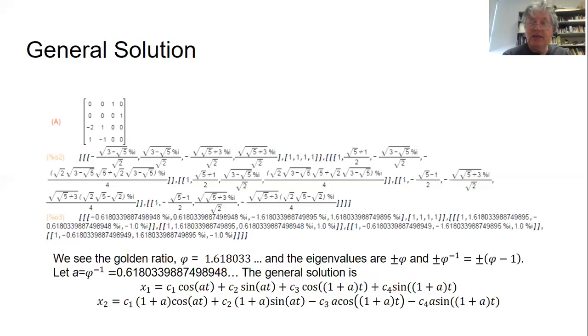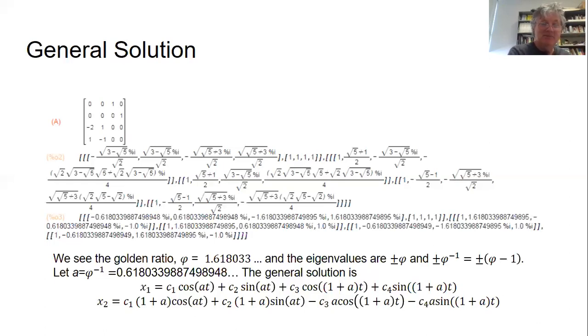And then we see the eigenvectors there, again with the initial place being 1. That's the standard thing that Maxima does. If you look at the textbook, it gives it in a more general form, and it doesn't recognize it's the golden ratio in place because they didn't actually look at the decimal numbers.